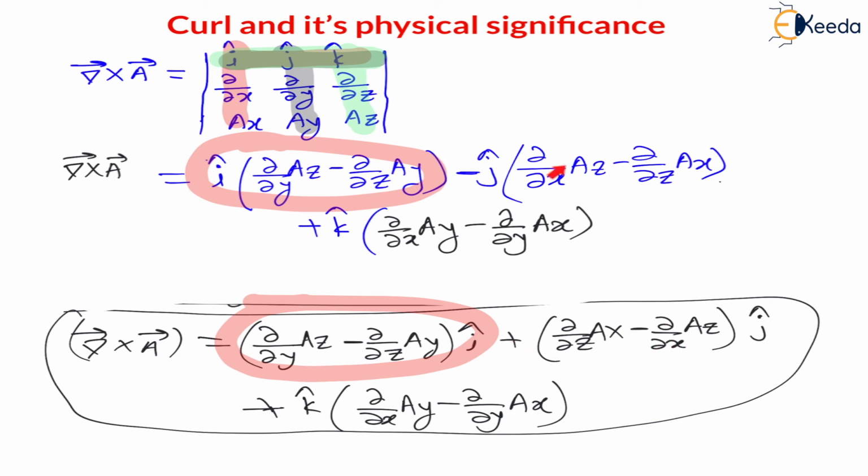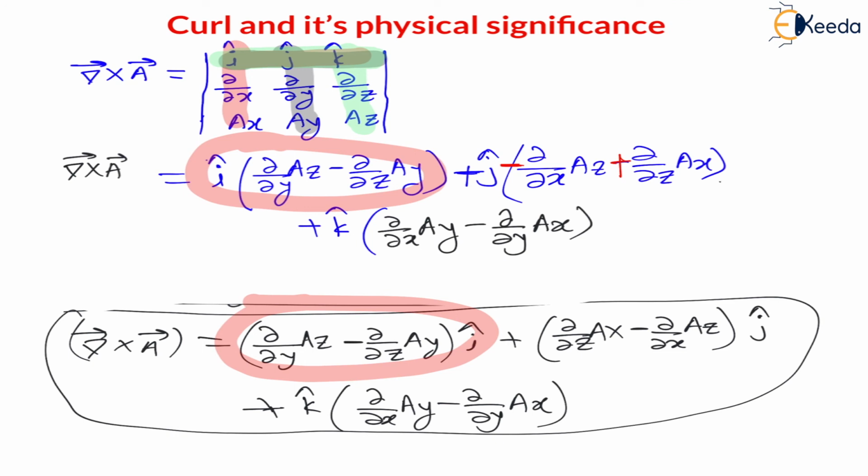Right. If I write dou z of ax minus dou x of az, then it will become plus. So if I write plus here, then the first term will become minus, second term will become plus. Right. Means exactly the same we are writing.